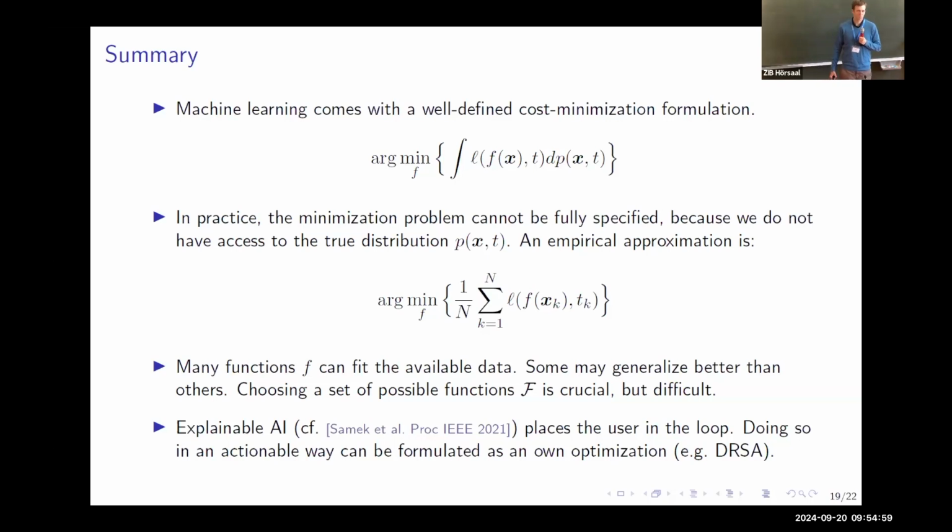But it's also about the specification of the function, especially when you have limited data. And what could be interesting is if you try to think of optimizing the way the user is involved in the process of specifying or correcting the function. And so one baby step here is DRSA, but I'm sure there's much more that can be done. So I'm done. Thank you for your attention.